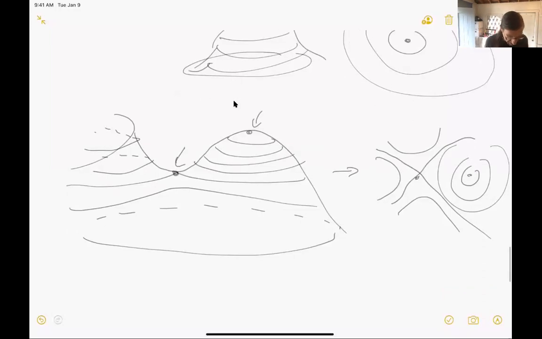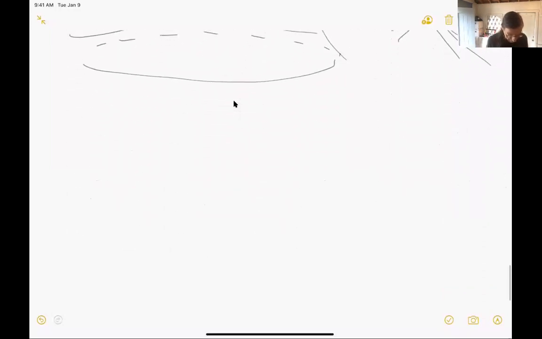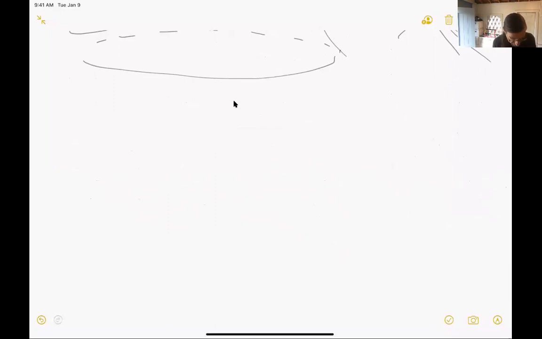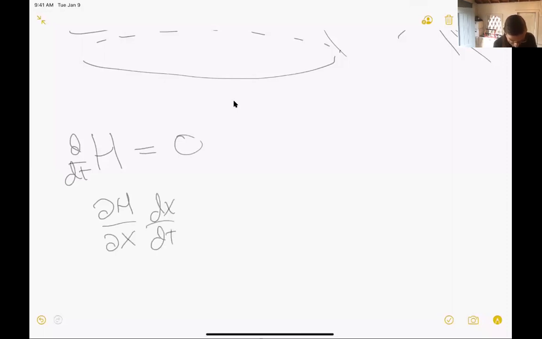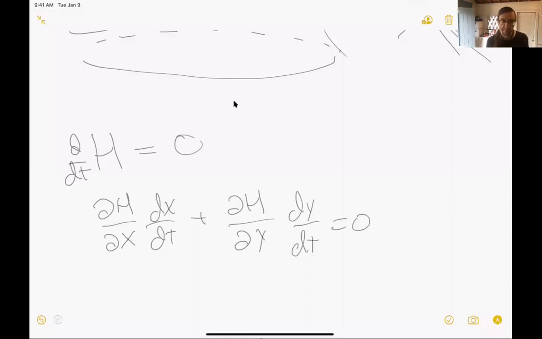We can confirm that that's true by doing some math here. So again, let's go back. The one thing we know about this function h is that the derivative of h with respect to time is 0. Again, we can write that out by saying the partial of h with respect to x times dx/dt plus the partial of h with respect to y times dy/dt equals 0.